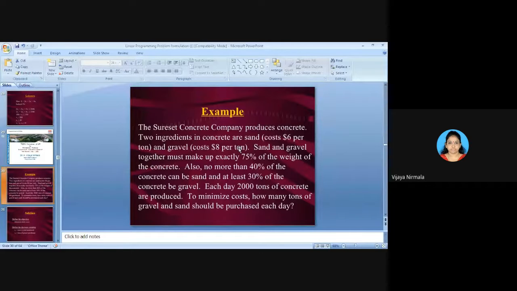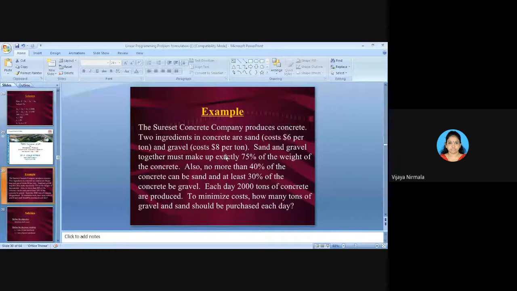Try to understand the difference between the previous problem that we discussed and this problem. In the previous problems, they gave the profits, but in this problem, they are discussing cost. The cost is 6 rupees per ton for sand and 8 rupees per ton for gravel.